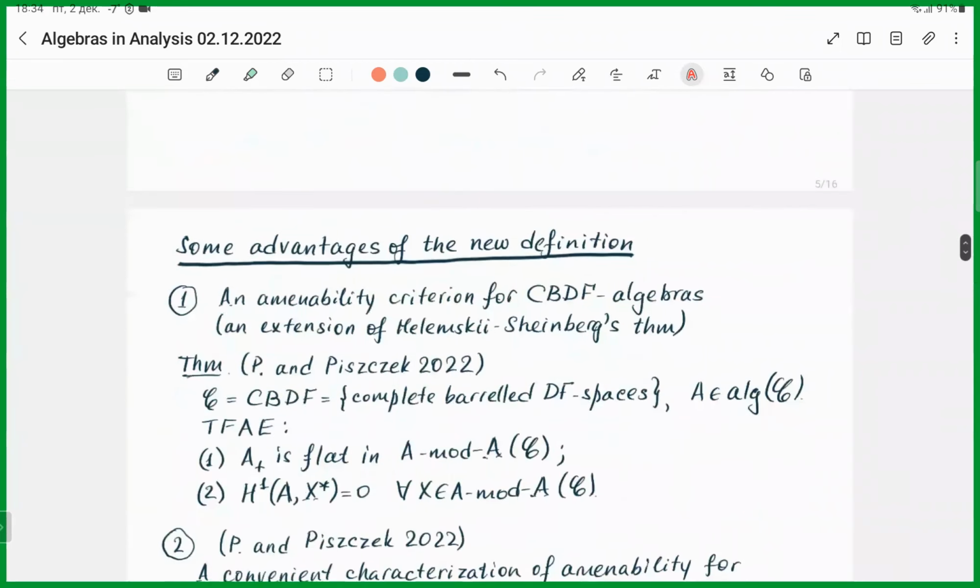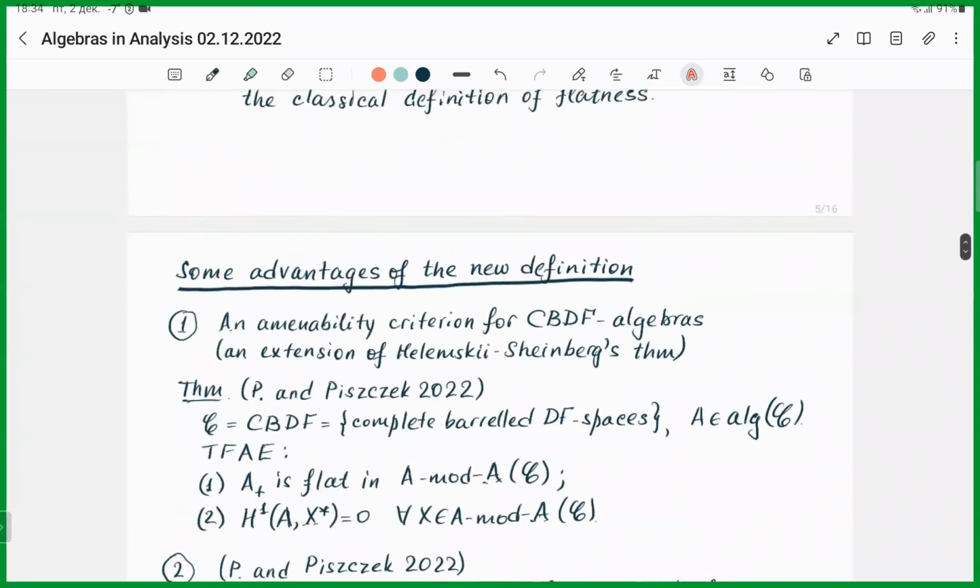Another nice property of this definition is that by using it, we can characterize amenability for complete barreled DF algebras. This was done in our joint paper with Pirkovskii. Actually, this is an extension of Helemskii and Chambers' criterion to complete barreled DF algebras.